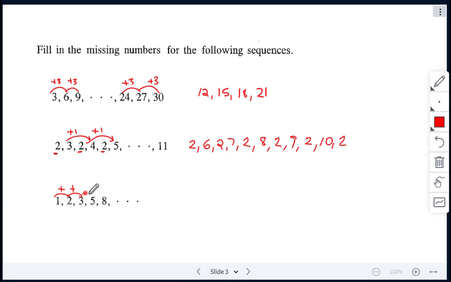Then 3 plus 5 gives 8. Then 5 plus 8 gives 13. Then 8 plus 13 gives 21. Let's do one more: 13 plus 21 gives 34.